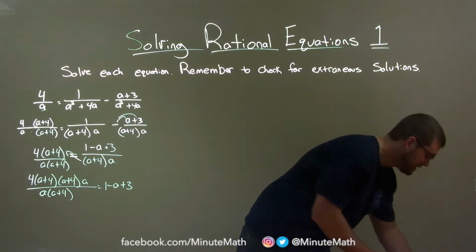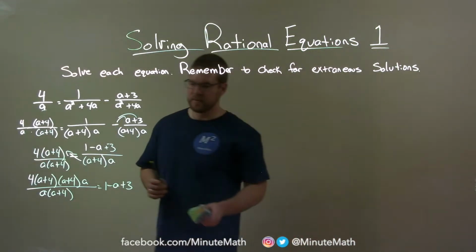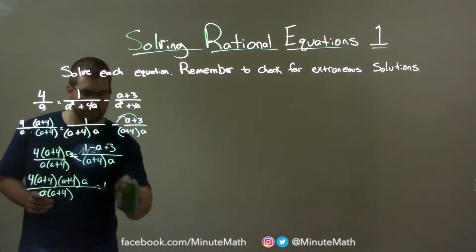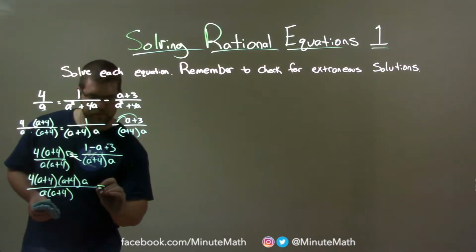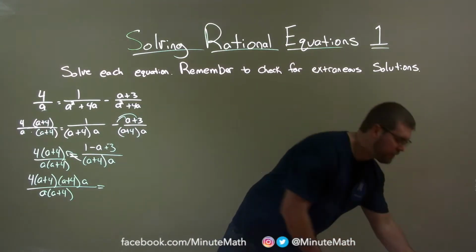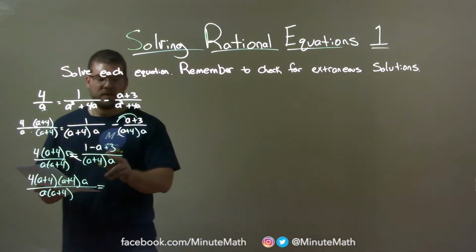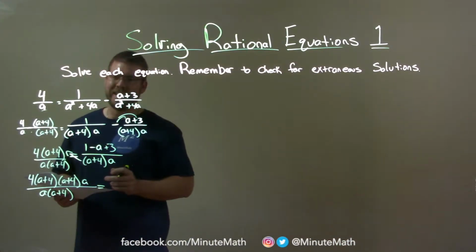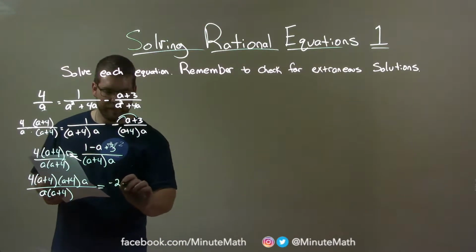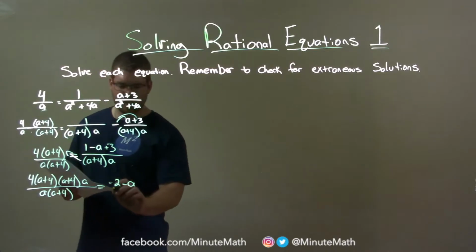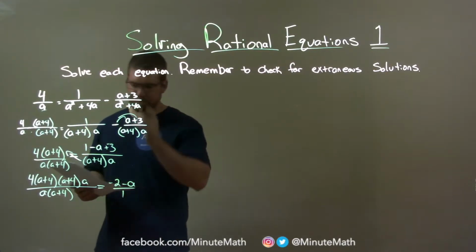I can simplify that right beforehand. 1 minus a plus a negative 3, 1 plus a negative 3 is a negative 2, right? So we have a negative 2 minus an a here, and it's kind of over 1 if you really want to see that.